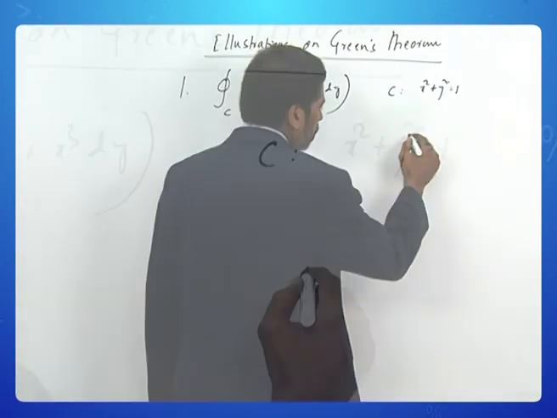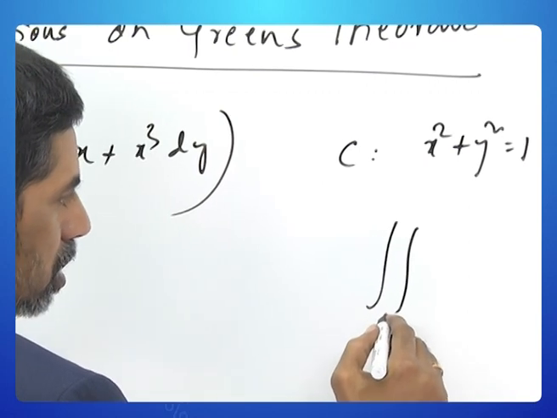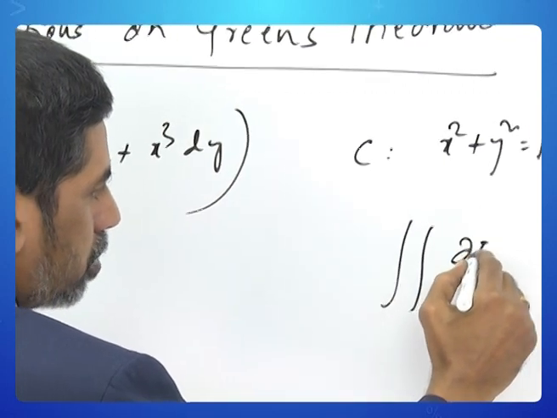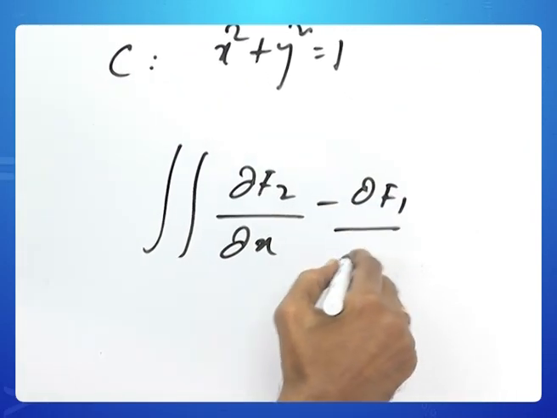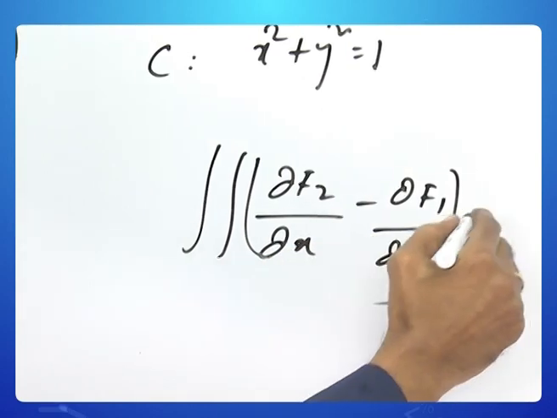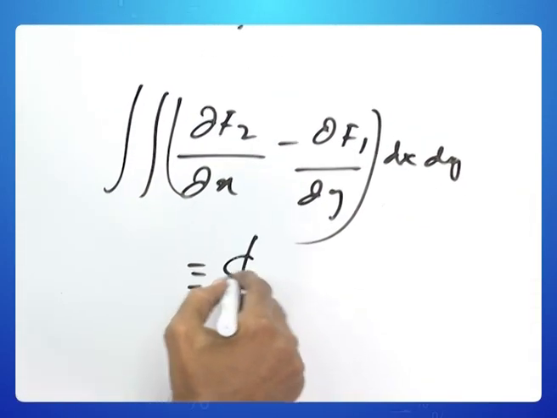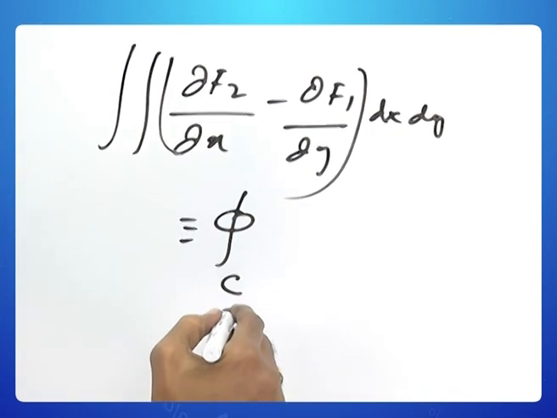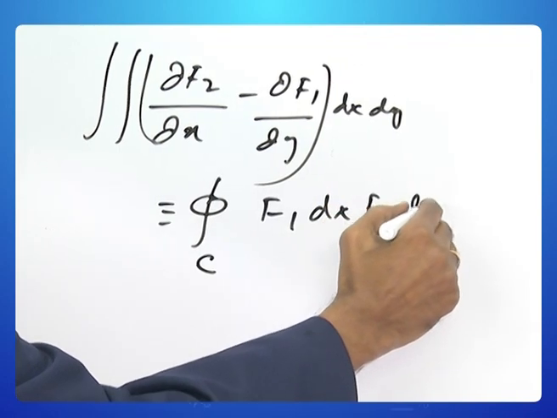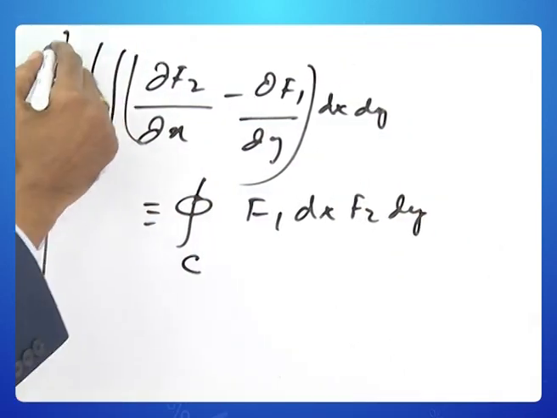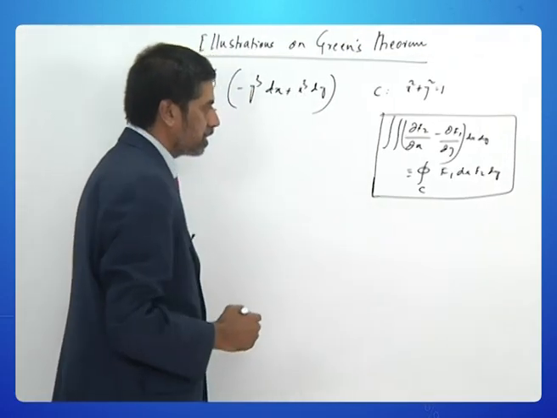So for the benefit of students, let us remember: the double integral of (dou f2 by dou x minus dou f1 by dou y) dx dy is identically equal to the closed line integral of f1 dx plus f2 dy. This will be the statement of Green's theorem.